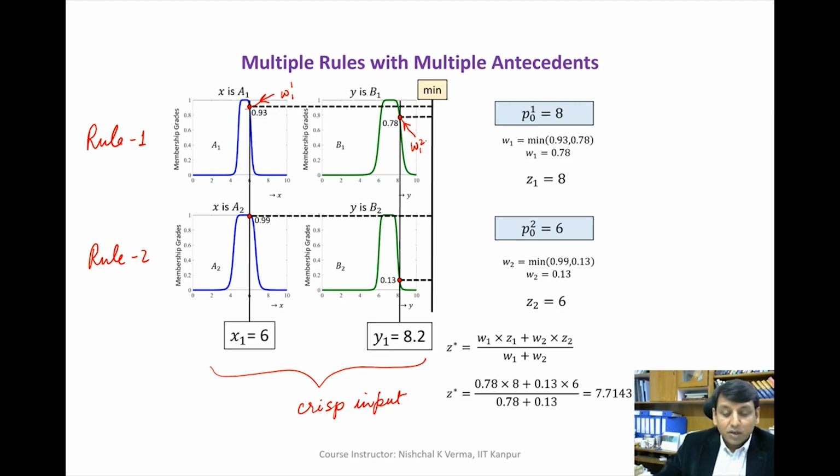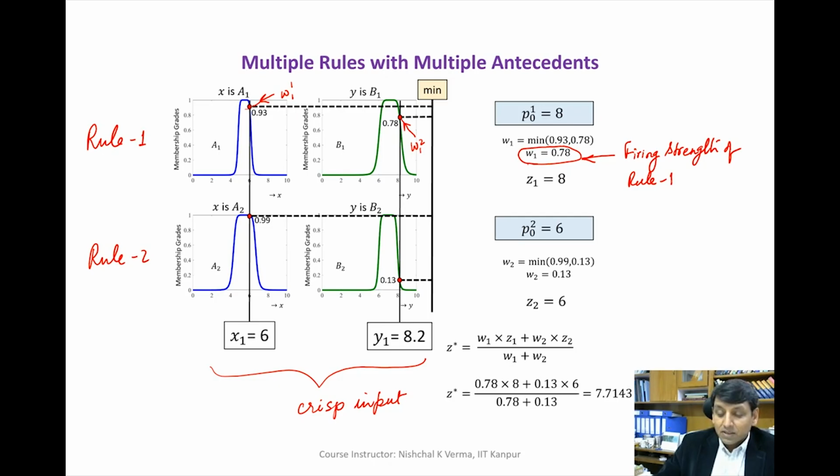Now we have both W11 and W12. Let us take min, because the connective is AND. When we take min, our value is W1, which is also called the rule strength, or the firing strength of rule 1, also called the weight of the rule.